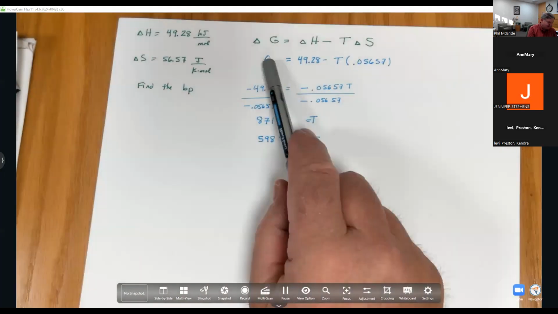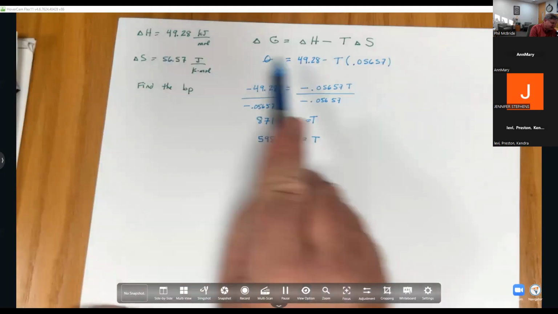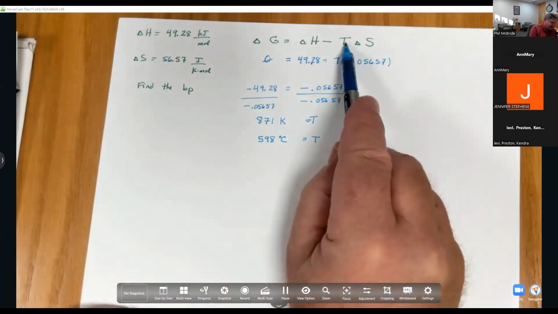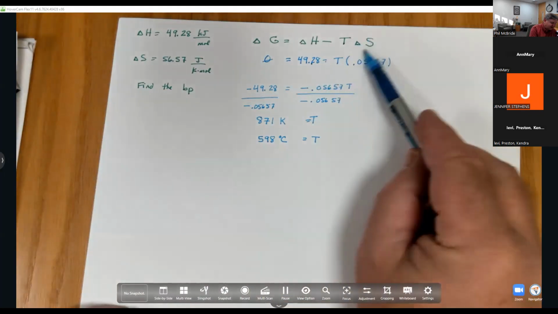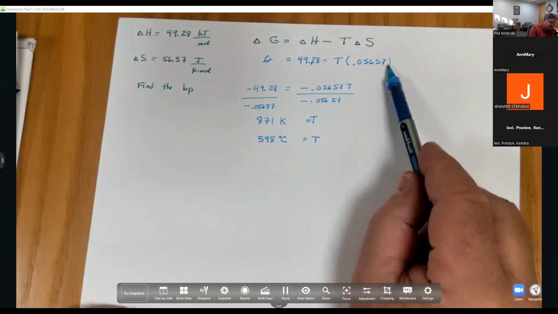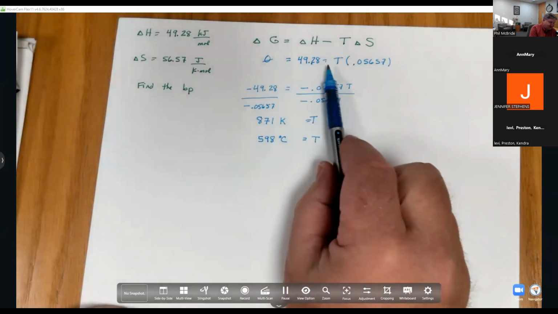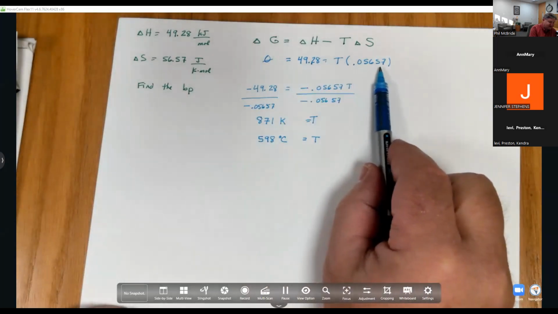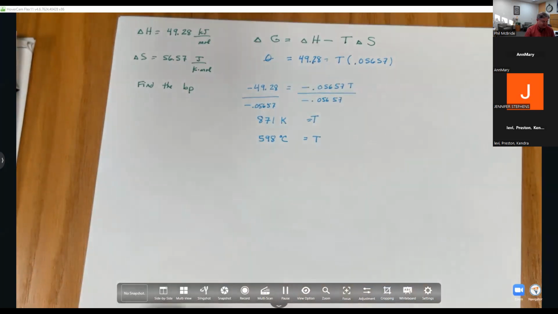We put 0 in for delta G, and our number in for delta H minus T, since we're trying to find the temperature. S has to be converted into kilojoules, so 0.05657 kilojoules. That gives us 49.28 minus 0.05657 T. And then we have to solve for T.